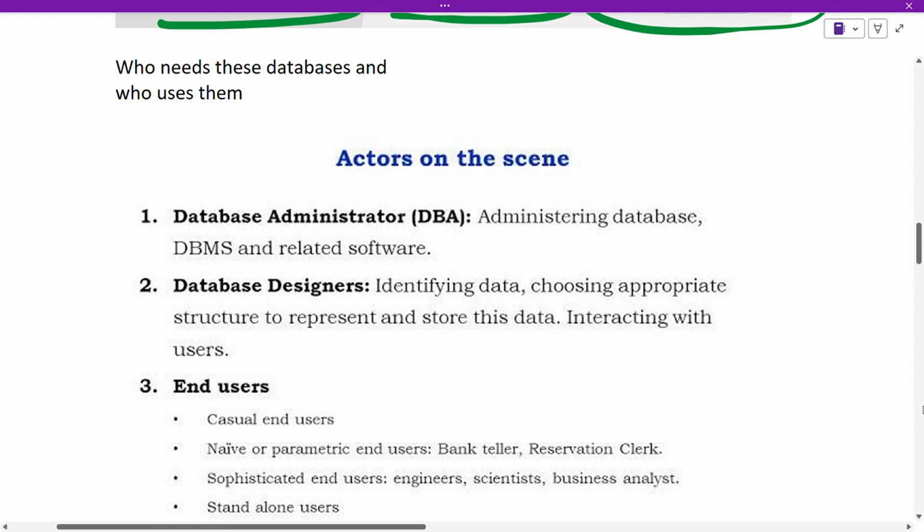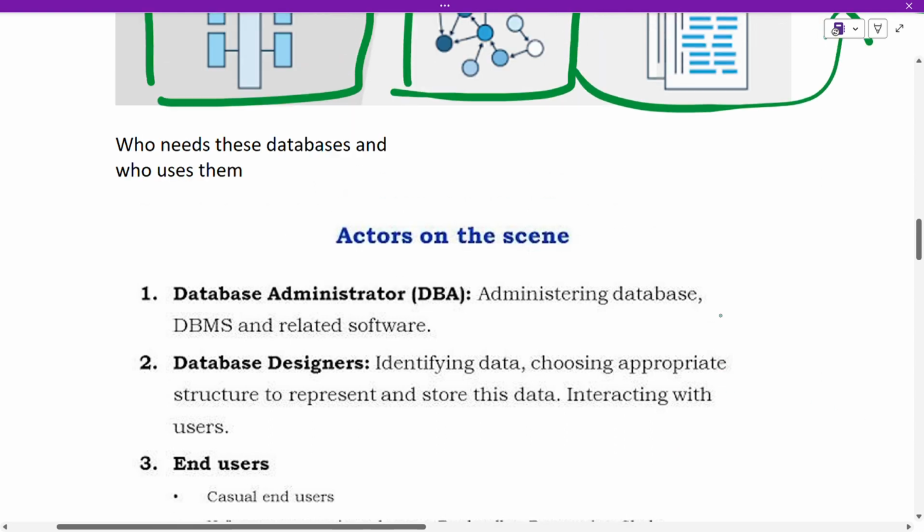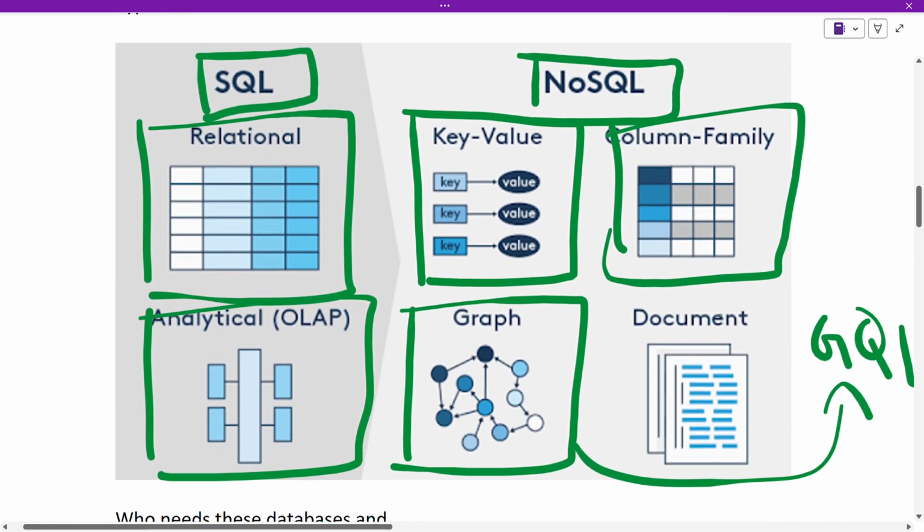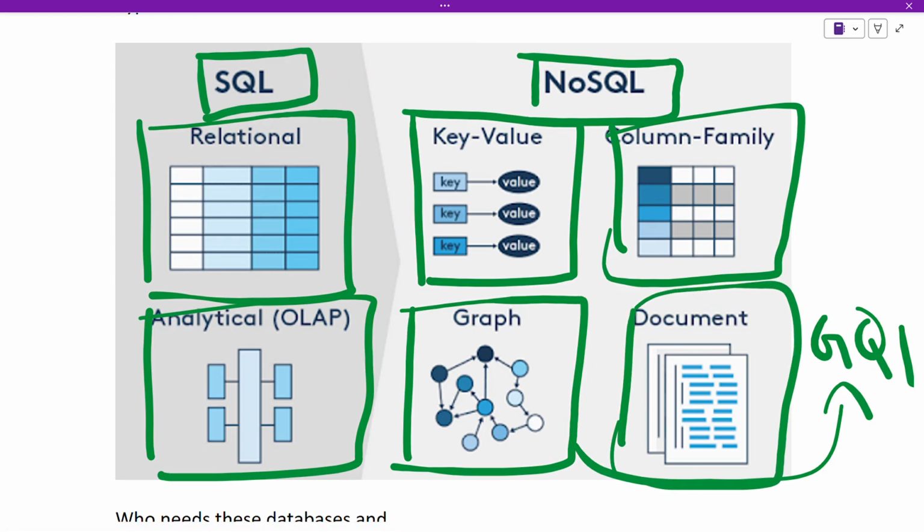I don't think it's needed at this point of time. And the last one that we missed is document-based. One of the most famous document-based DBMS software is MongoDB. MongoDB is a NoSQL document-based database. So these are mostly the classification of the database systems, right?